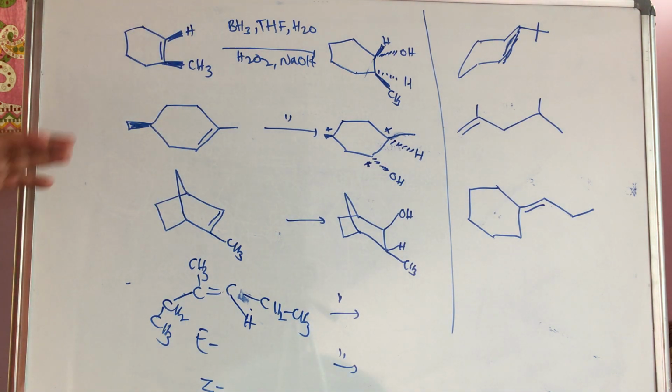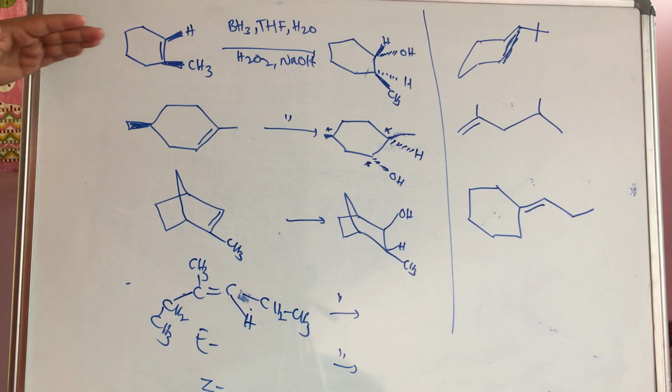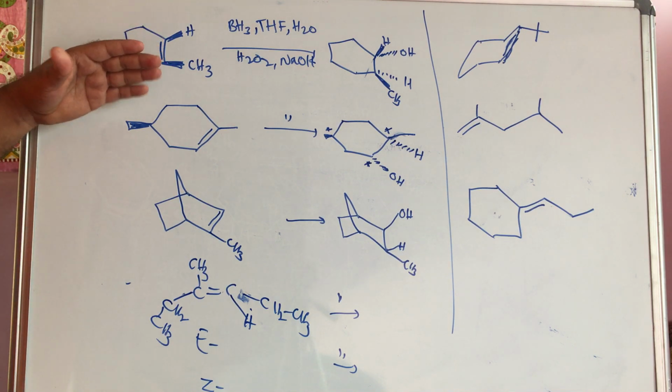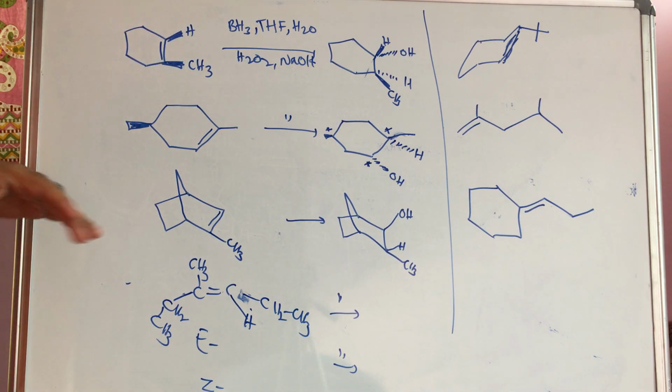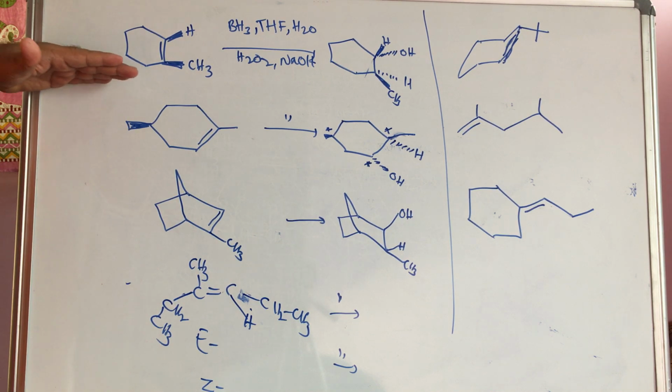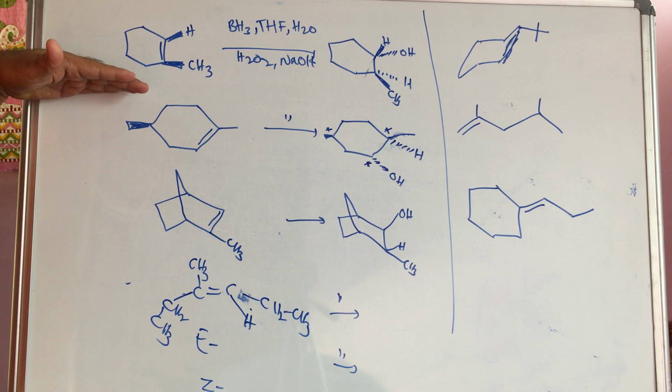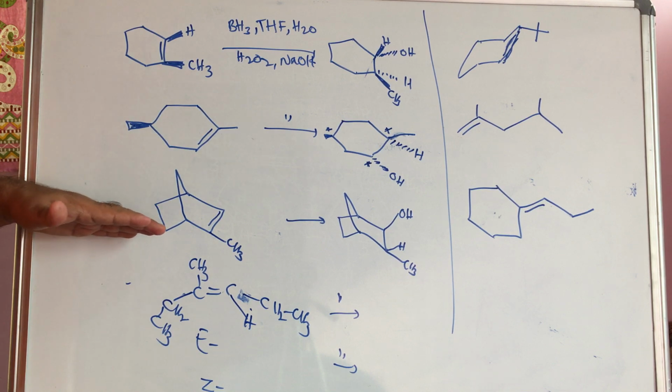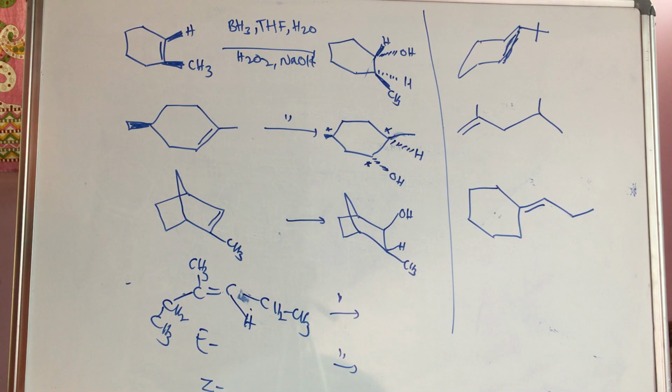The very important points, once again I am discussing here. First, the addition of this H and BH2 is syn, or same side. Next, the product formed is the anti-Markovnikov product, and there is no rearrangement product. If a bicyclic compound is there, the exo product.